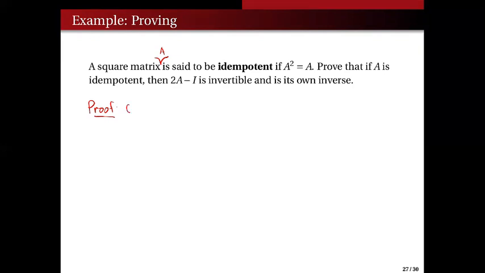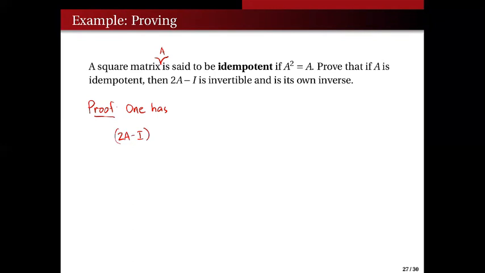So let's start. We have 2A minus I. We want to show that this 2A minus I is its own inverse. Meaning, if I multiply this 2A minus I with itself, I should get the identity. Correct?